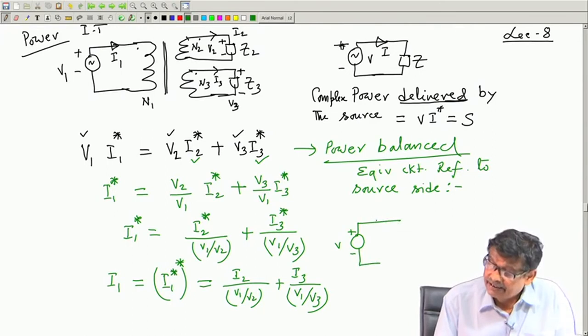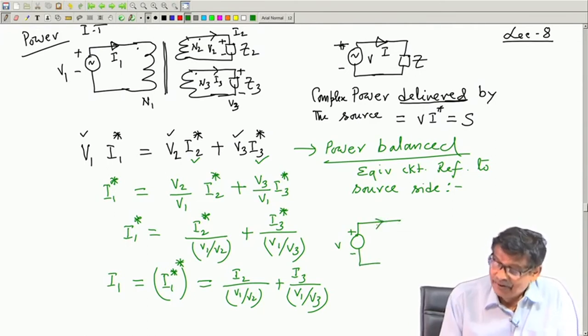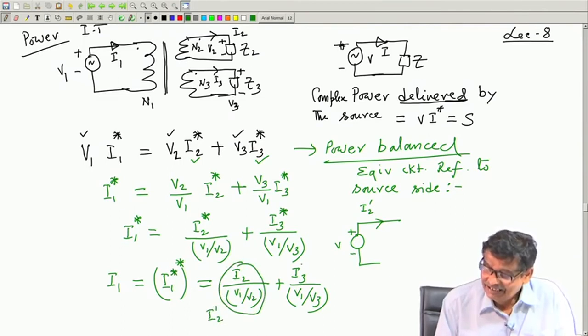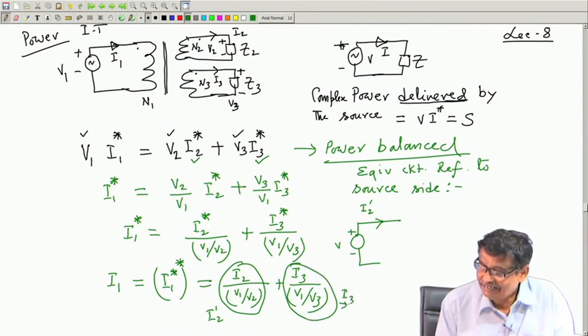Then this current I1 is I2 reflected, this is I2 dashed, and this is I3 reflected. So, I2 dashed plus I3 dashed is your I1.